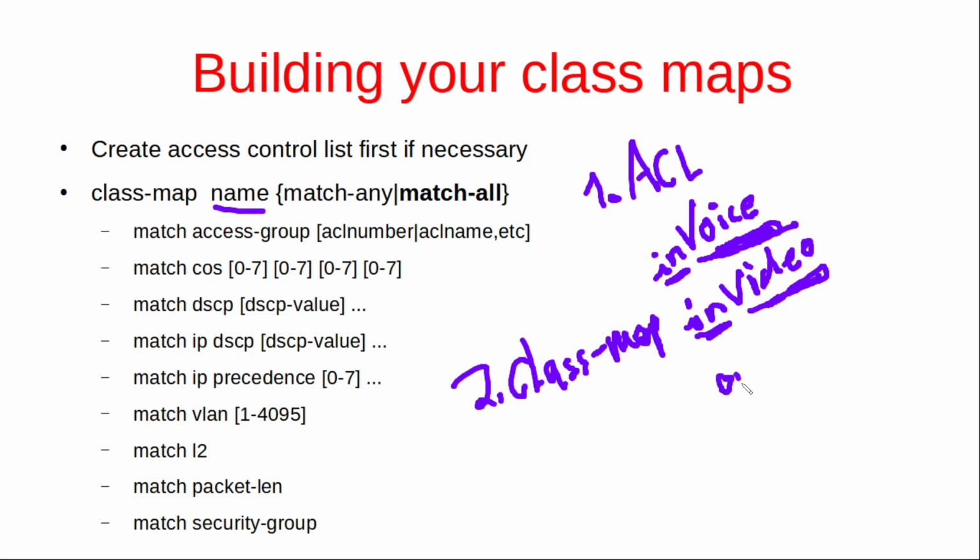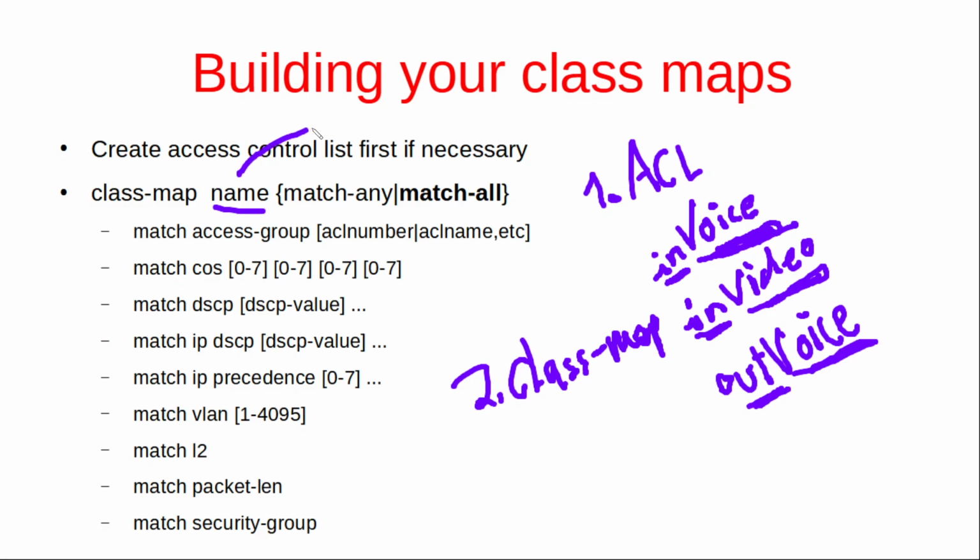Or I can use out-voice, for instance, and this tells me that I am going to use this class map in order to classify traffic that wants to leave my switch.